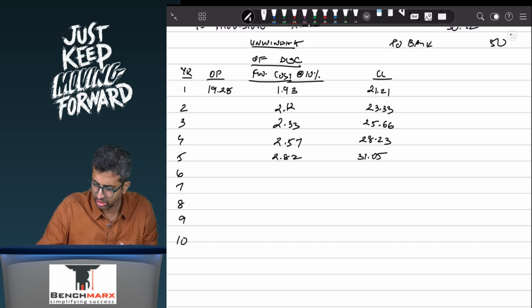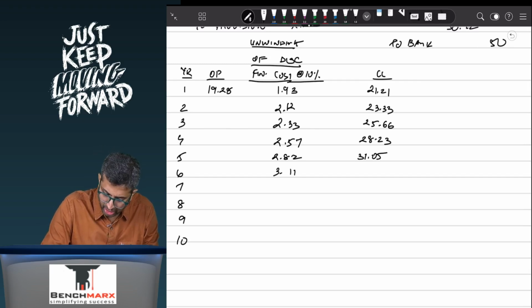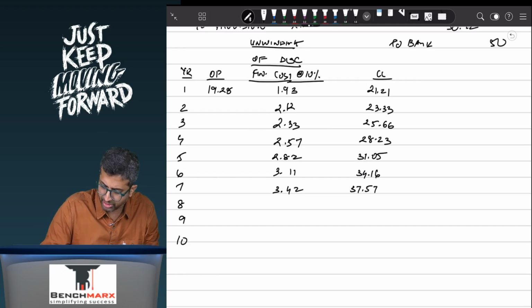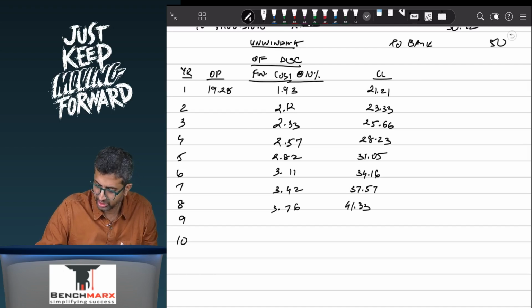For example, this is 3.11, which comes to approximately 34.16 plus 10%, 3.42. 37.57 plus 10% for 3.76 will come to around 41.33. 4.13 will come to 45.46.